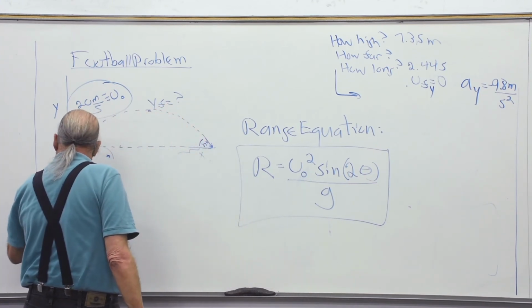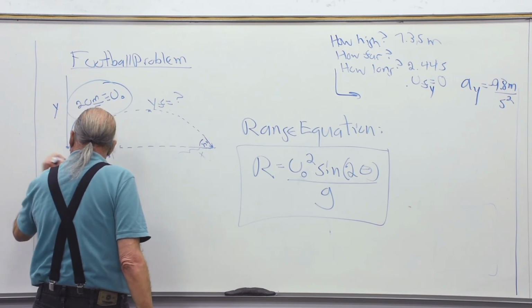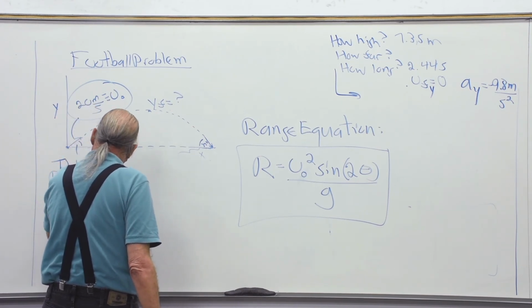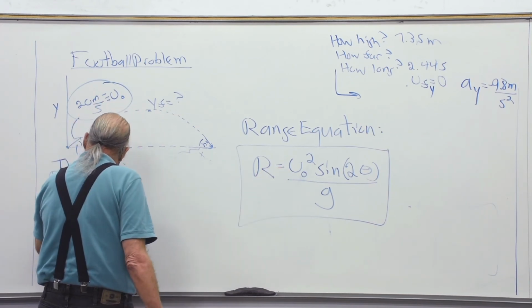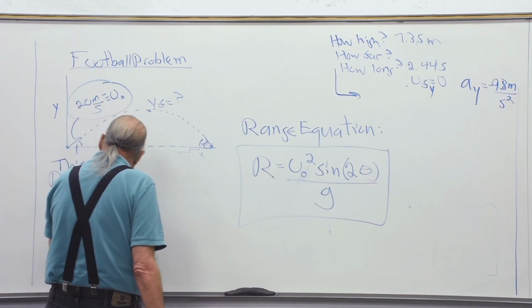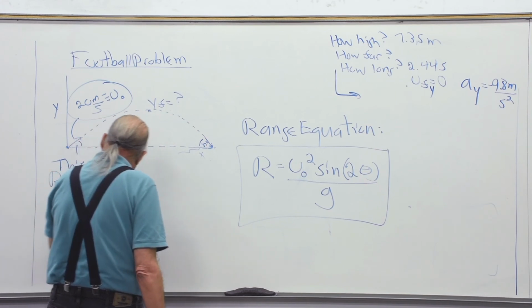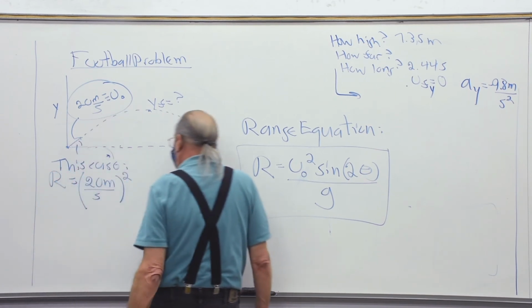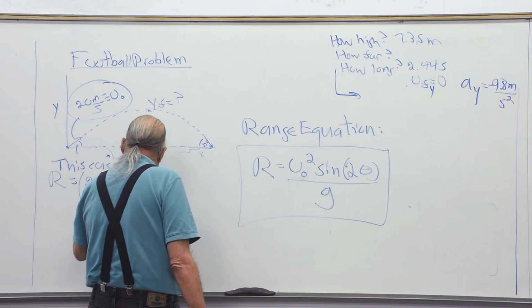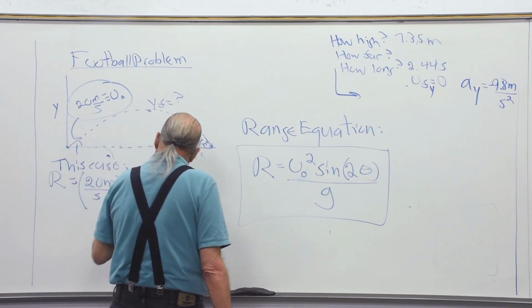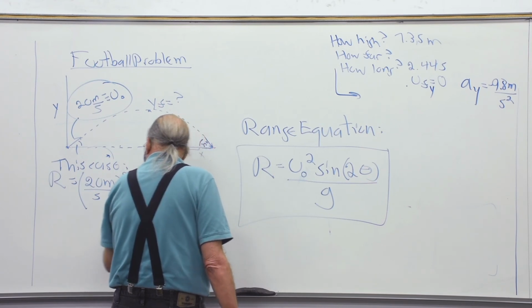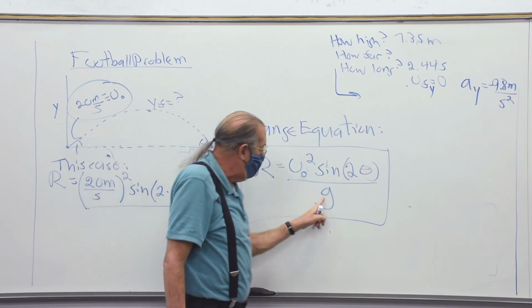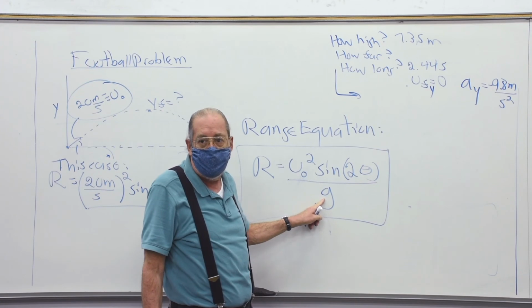Okay. The range in this case, using that equation, is 20 meters per second, squared, people, times the sine of 2 times 37 degrees, all over G. What is the sign of the symbol G?